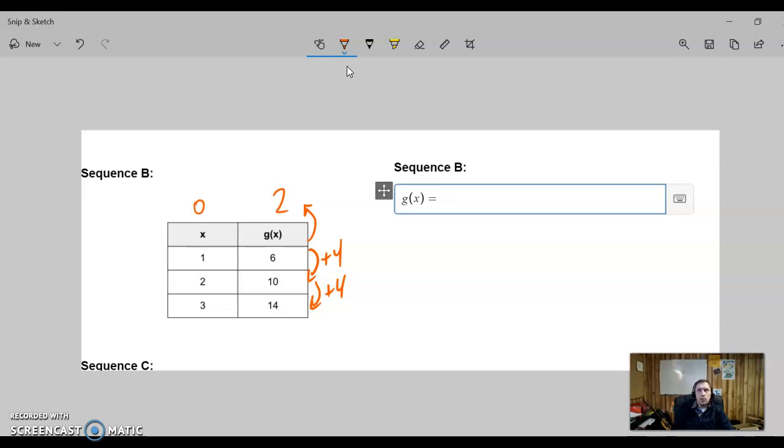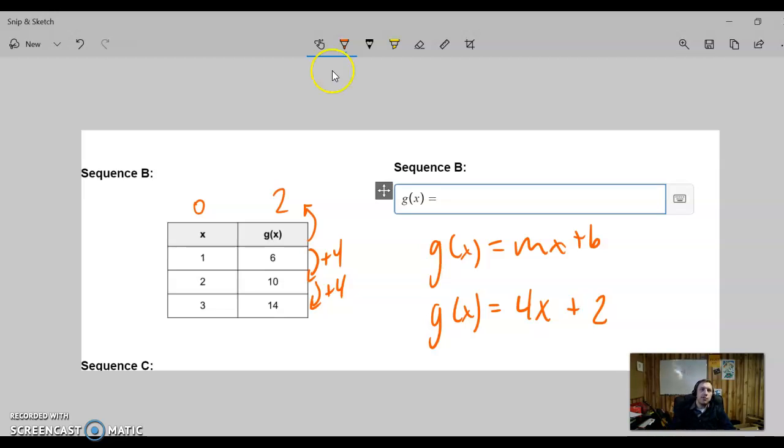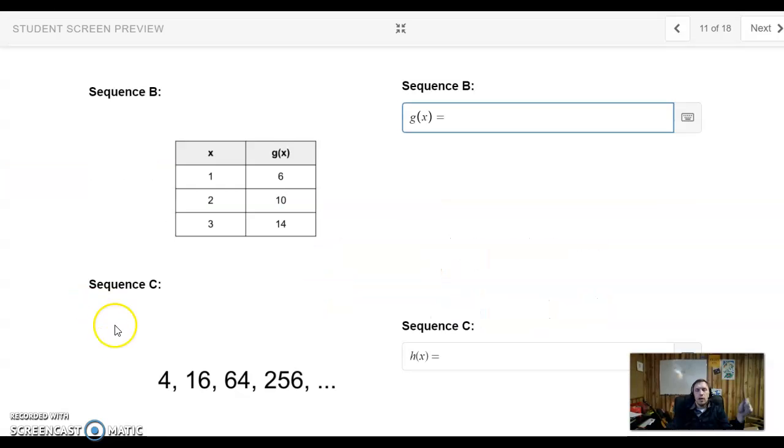When x equals 0, we get back 2. So we're going to follow this form for a linear function, g of x equals mx plus b. My initial value is 2 and my growth is 4. So I have this function built: g of x equals 4x plus 2.